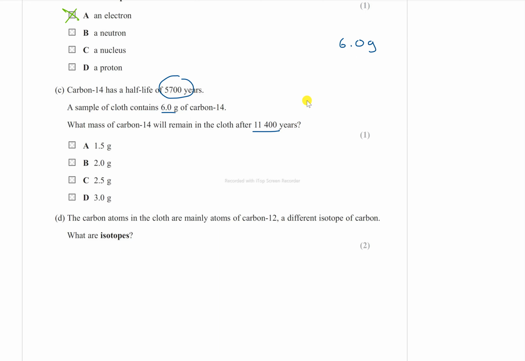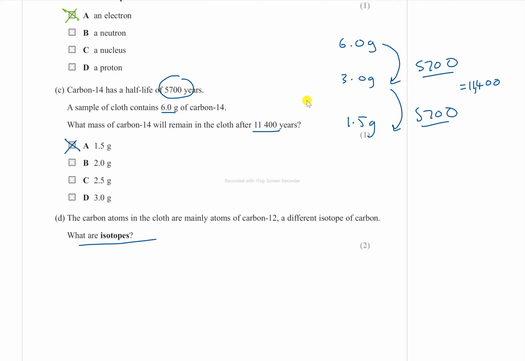So what they're saying is after 5,700 years, I've got 3 grams, and then after another 5,700 years I've got 1.5 grams, because these two added together equal 11,400 years. So it'll be 1.5 grams. That's how they did it.